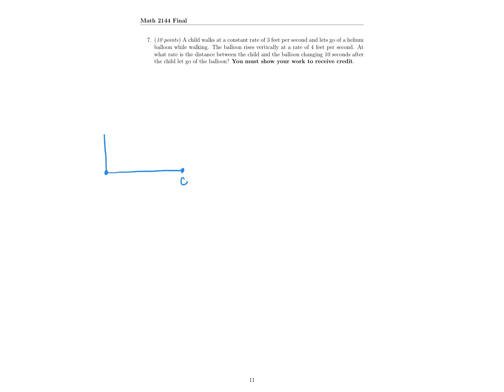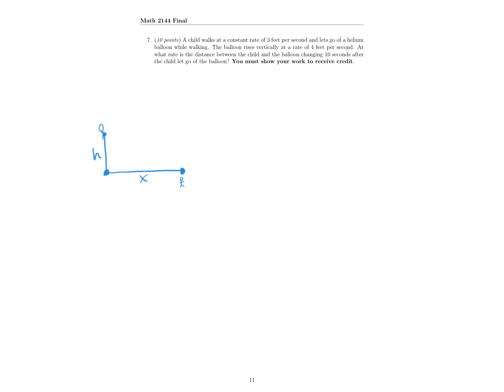We can call this distance x. So x is the distance from where the child let go of the balloon to where the child is now. So maybe I'll draw a child here. There's my child. Then this is the balloon up here, and the height of the balloon I'm just going to call h.